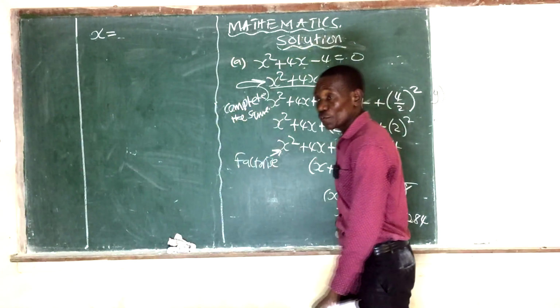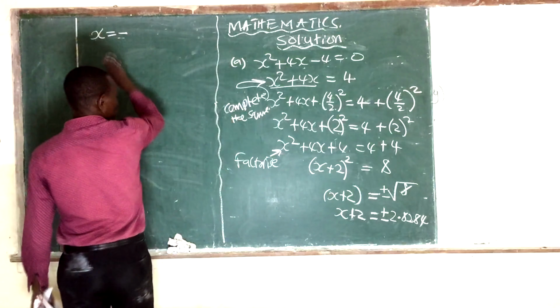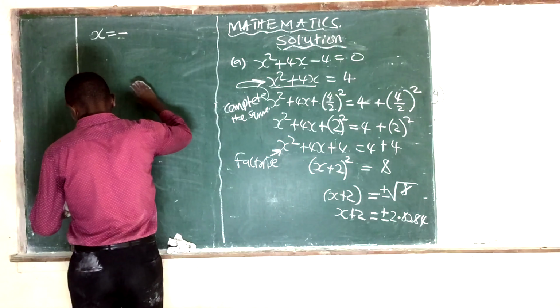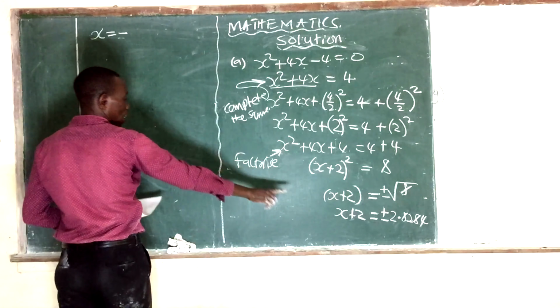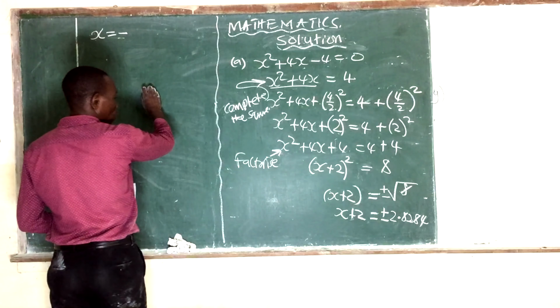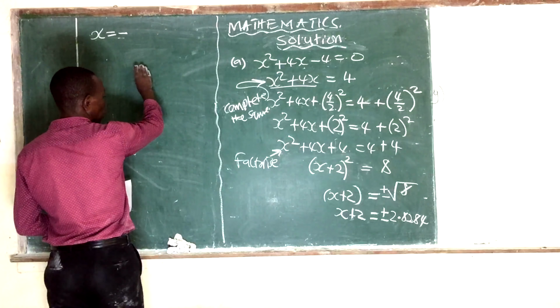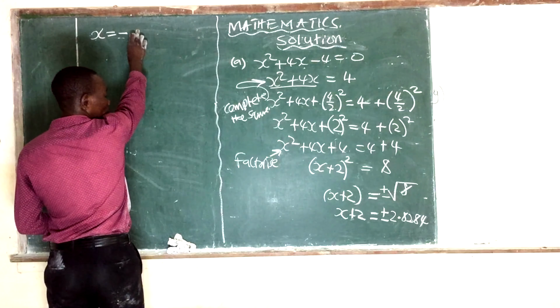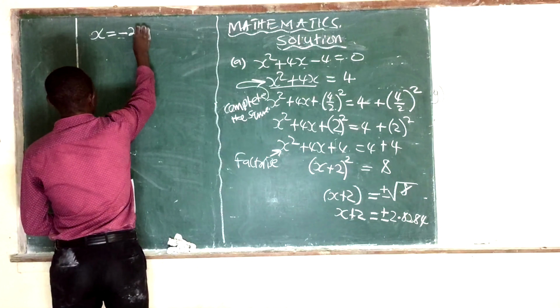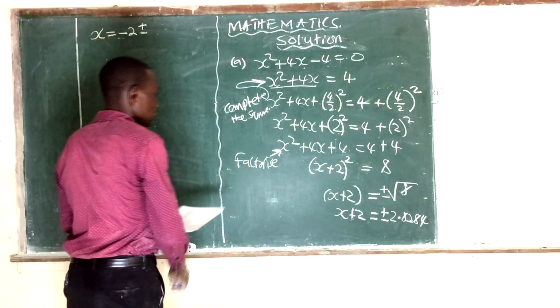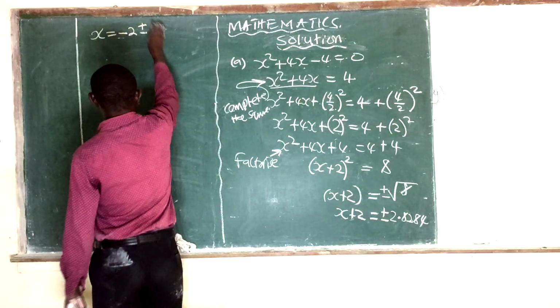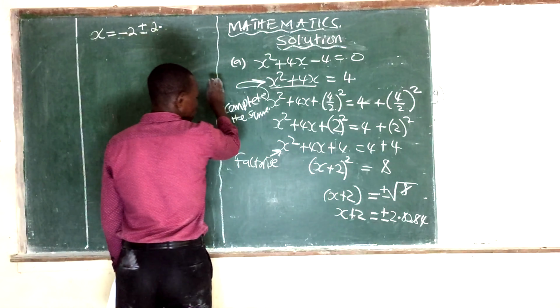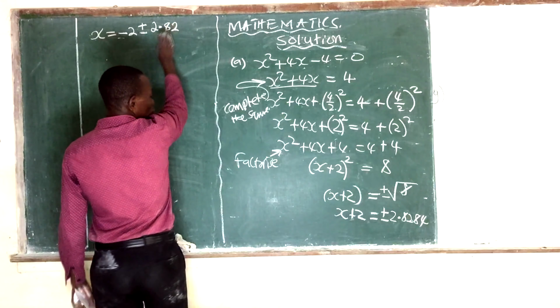The 2 is positive, now here it turns out to be negative. So that is -2, then plus or minus, what you get there is 2.8284.